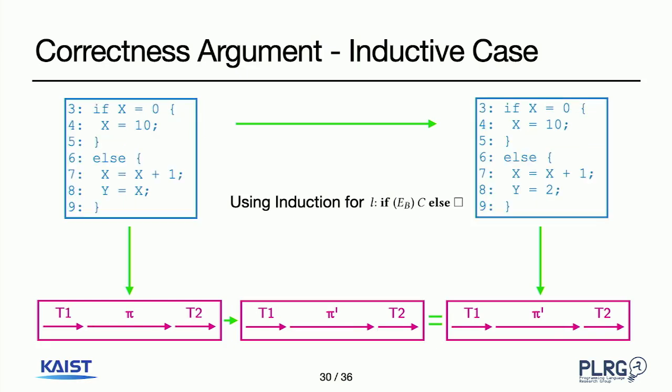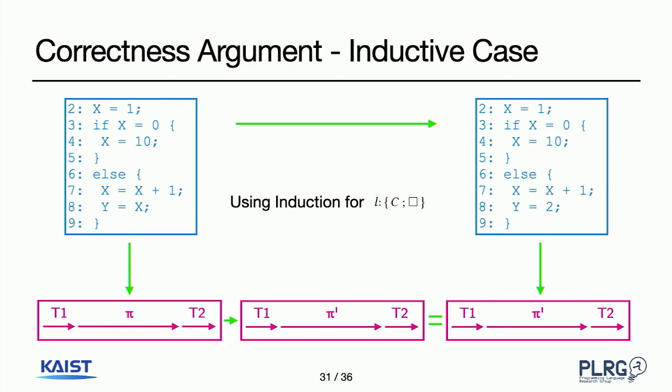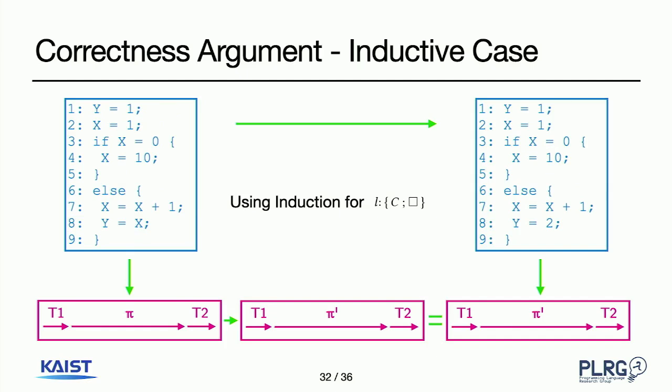Next, using induction again for the branch context, the correctness argument is propagated to an even larger program component. After repeatedly applying this induction for the appropriate context, we can prove the correctness argument for any two programs which are the result of the syntactic substitution.